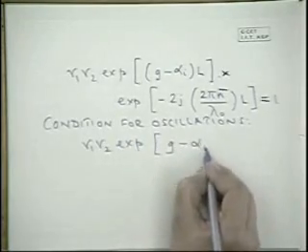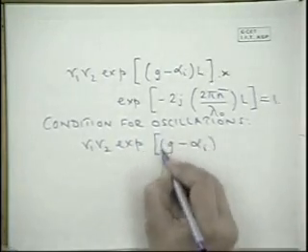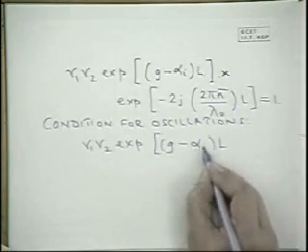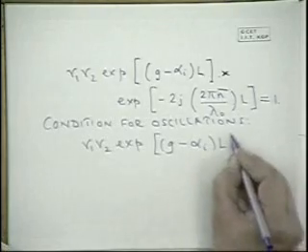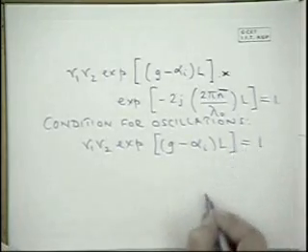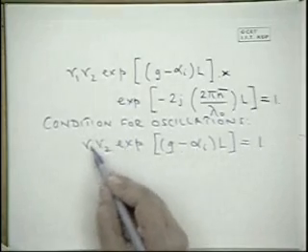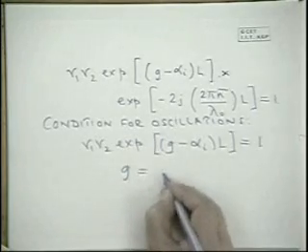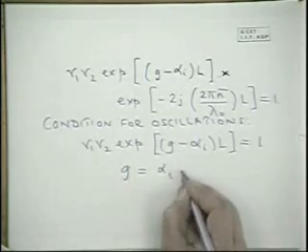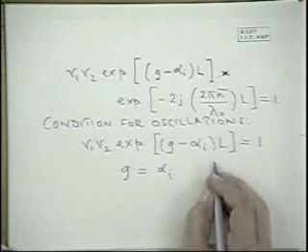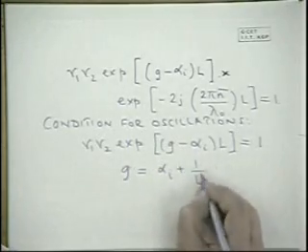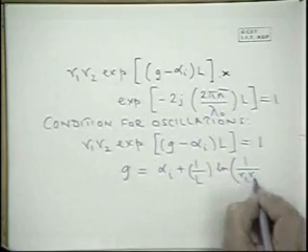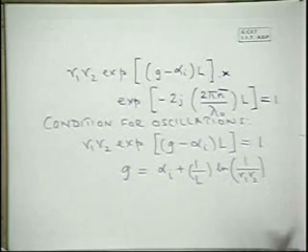So R1 R2 exponential of (G minus alpha I) into L, where alpha I is the ith coefficient of absorption, since there are various types of absorption, must be equal to 1. If you take the logs and rewrite it, the condition becomes G is equal to alpha I, and you take L to the other side, so you have plus 1 by L log 1 by R1 R2. These are the reflection coefficients.